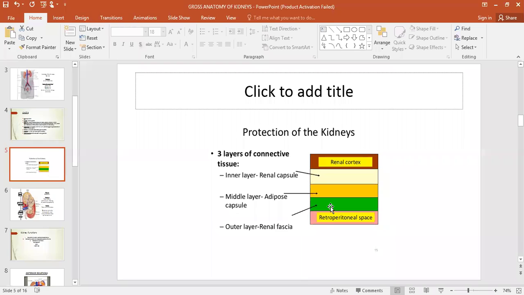Then the outer layer, the renal fascia, also called the renal fascia of Gerota, which is continuous laterally with the fascia transversalis. Renal fascia of Gerota is a condensation of connective tissue which includes the fat. Okay.